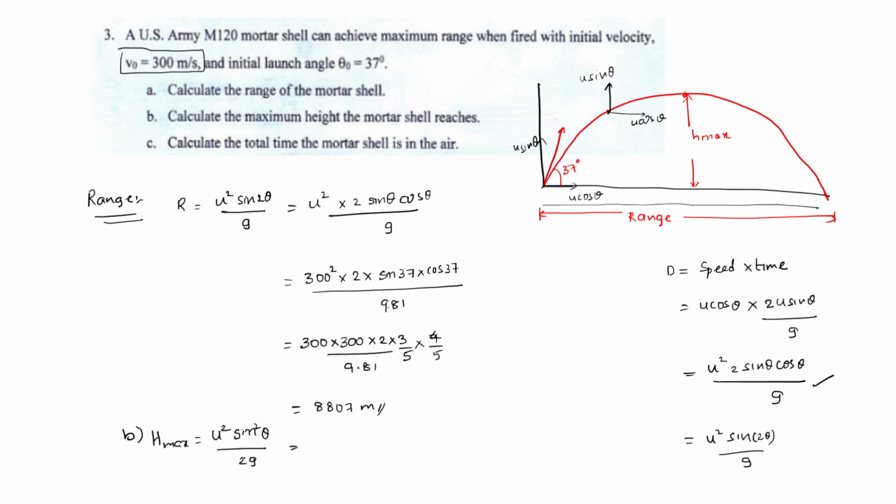The maximum height is given by u squared sin squared theta by 2g. So it will become 300 squared into sin squared theta. Sin theta is 3 by 5 here. So 3 by 5 into 3 by 5 by 2 times 9.81.